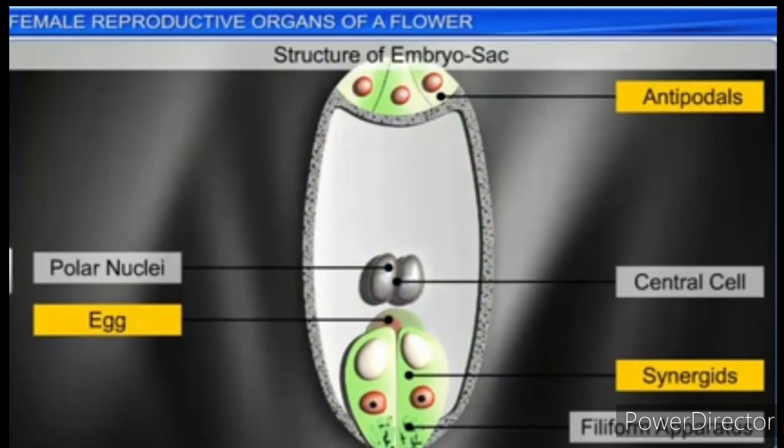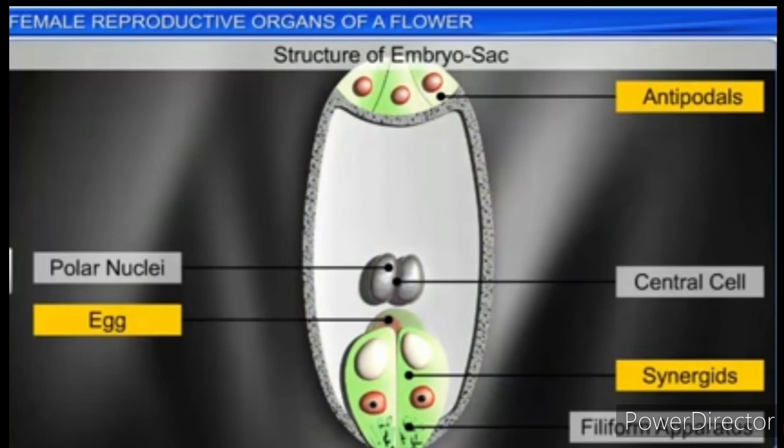They move to the center to form the polar nuclei present in a large central cell. So the mature embryo sac is 7-celled and 8-nucleated. I hope you understood the arrangement of the cells.